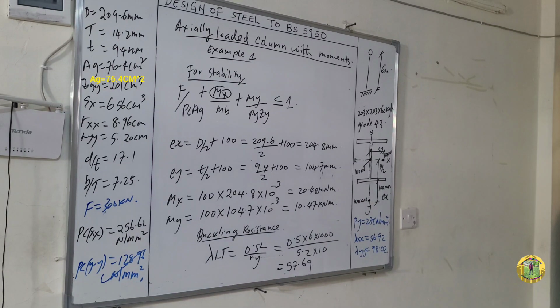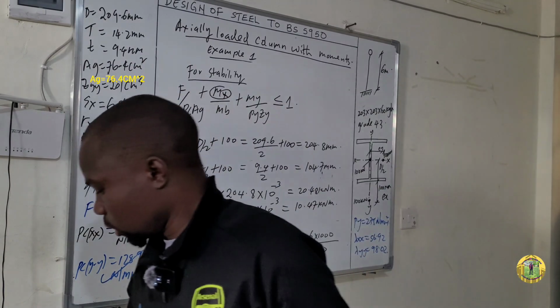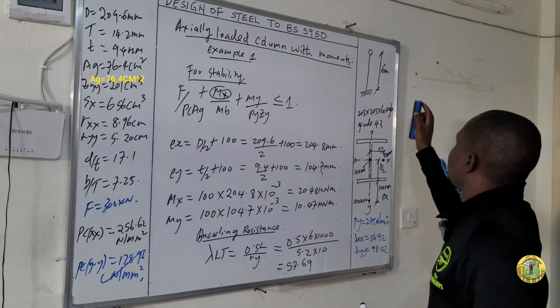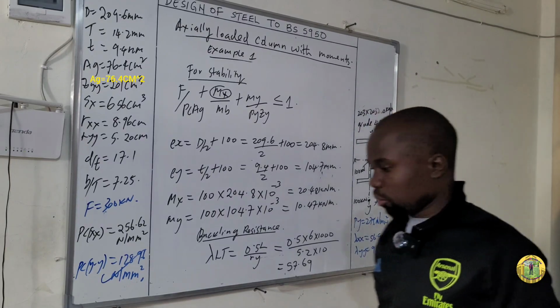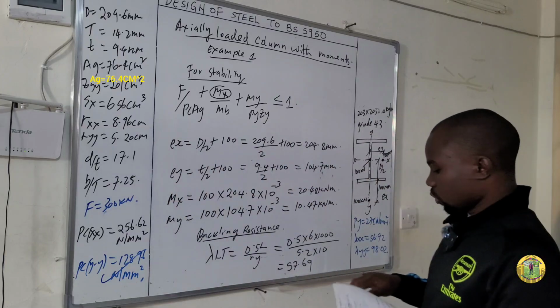Then PB will be given by, so allow me to capture the moment MX and MY on this column.